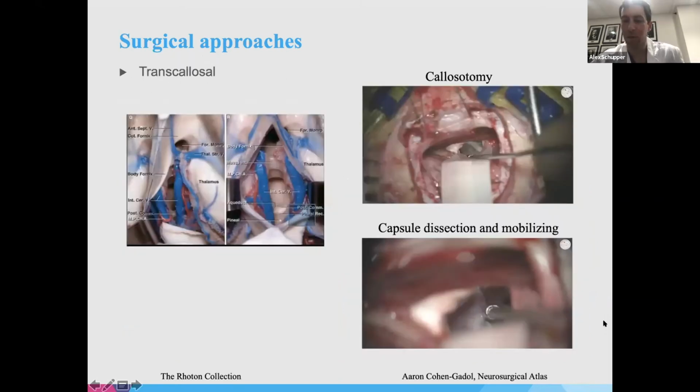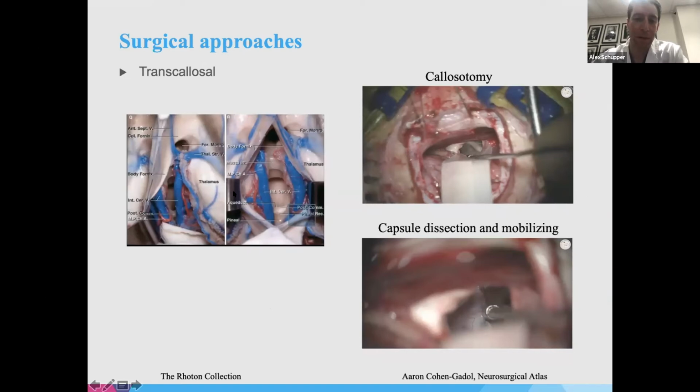So we're going to spend most of the time talking about the endoscopic approach, but just to be aware that there is a transcallosal and transcortical approach, which especially depending on the actual lesion can be more beneficial in terms of accessing the whole cyst. In the transcallosal approach, we're coming from above, doing an interhemispheric approach.